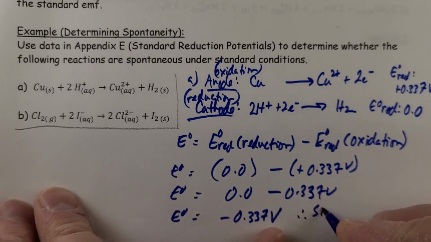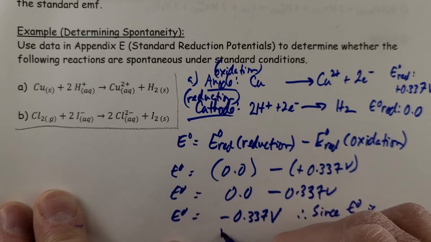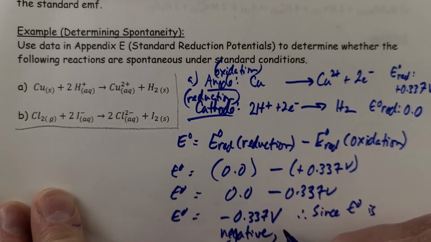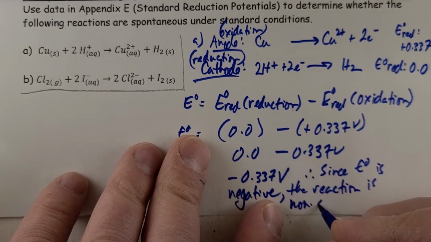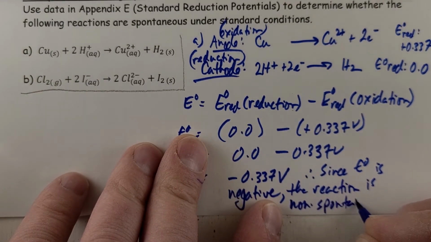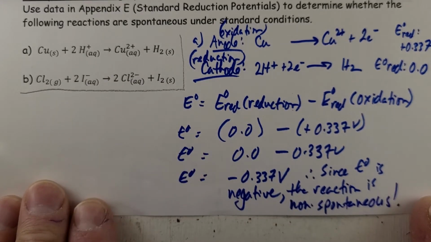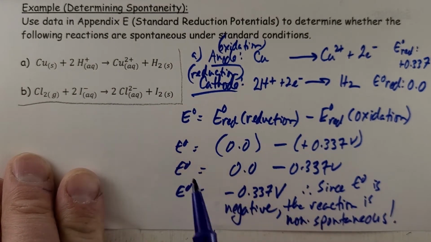So since E naught is negative, the reaction is non-spontaneous.